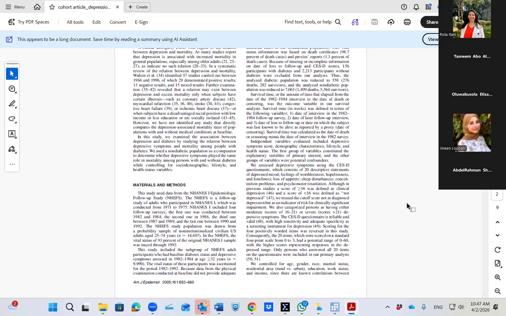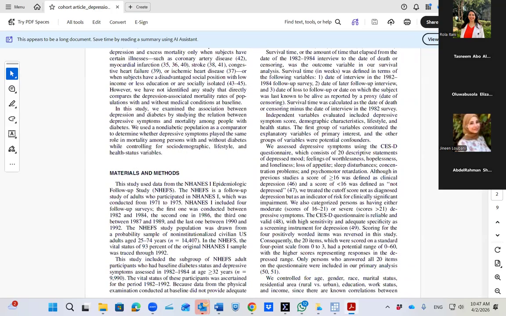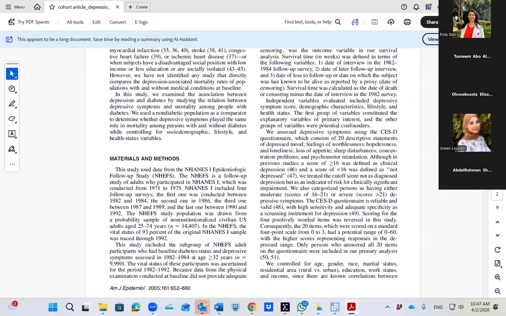Yes, please. So they used the enhanced data, the people that were included in the enhanced data, and here we see the follow-up through several years, in 1982 to 1984, where they did the first follow-up of the people included in the first study, and then they did another follow-up.